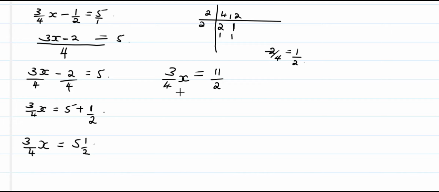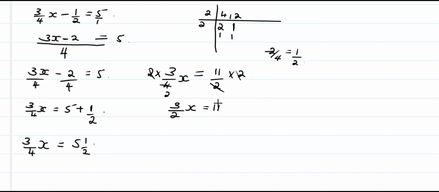To eliminate this denominator, I can multiply here by 2, and I can also multiply here by 2. So this one goes with this one, and this one remains to be 2. So it remains 3 over 2 x is equal to 11.